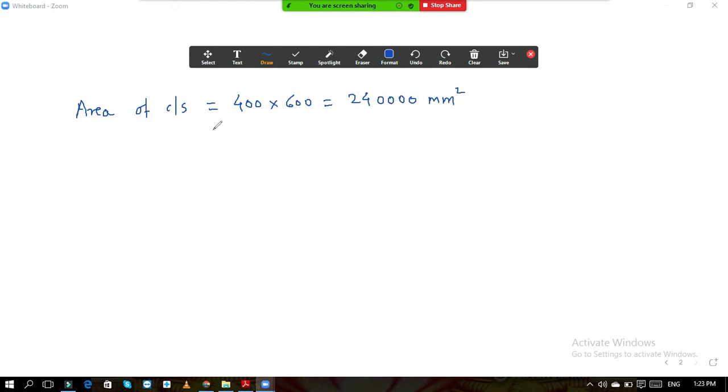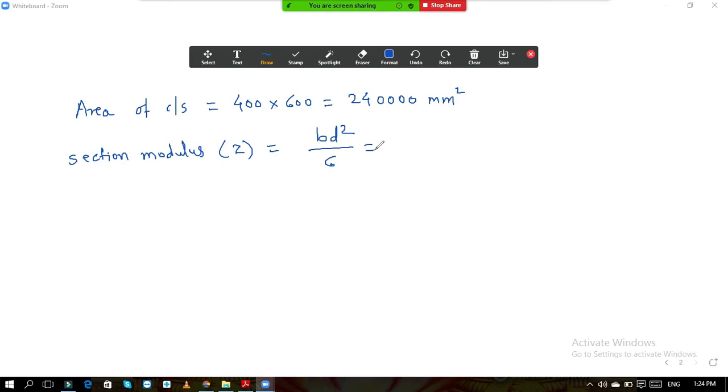Now after this we will calculate the section modulus Z. What is the formula for section modulus for a rectangular section? I will use directly the formula: BD square by 6. You can calculate it as I by Y. Your I value is BD cube by 12, Y value is D by 2, so it will become BD square by 6.